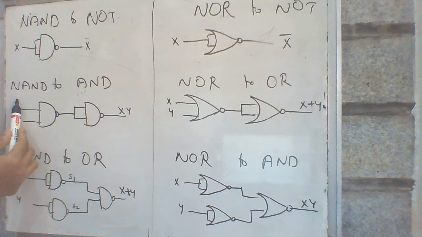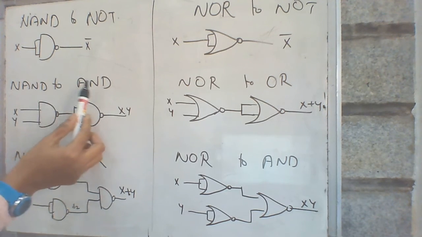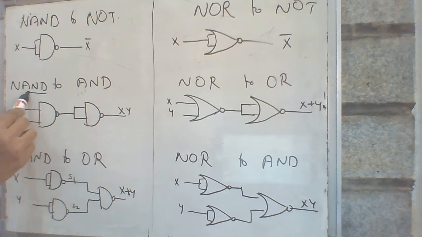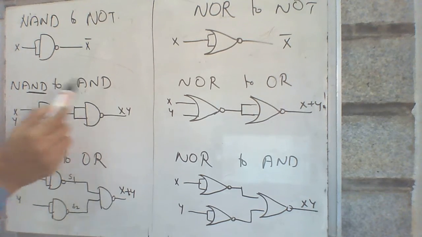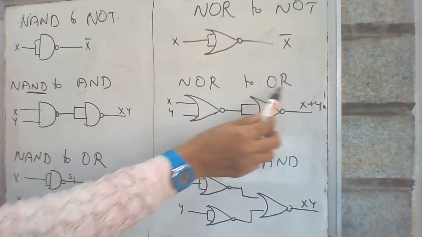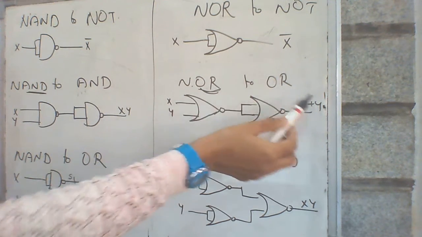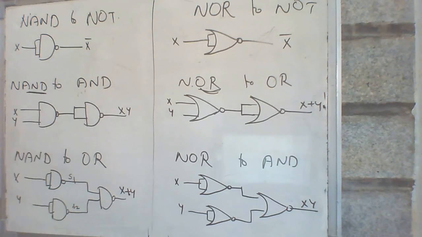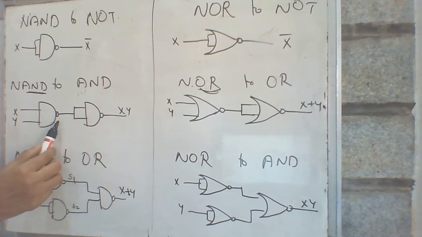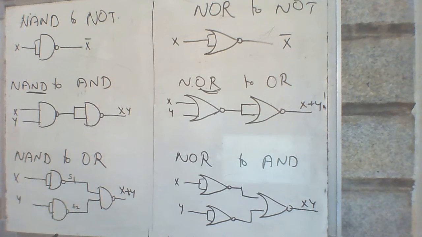Check the second diagram. NAND to AND logic and NOR to OR logic are same. NAND to AND logic diagram, 2 NAND gates are required.